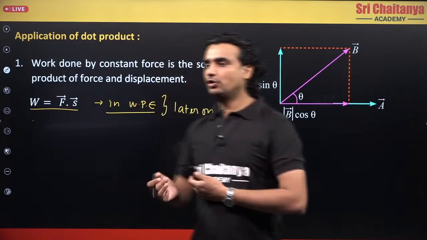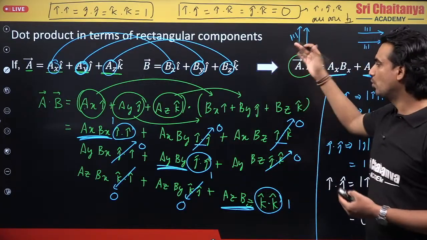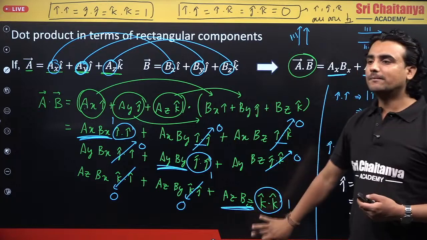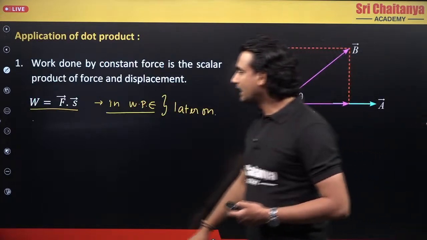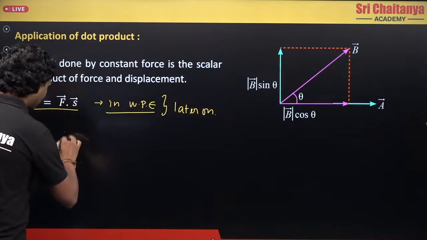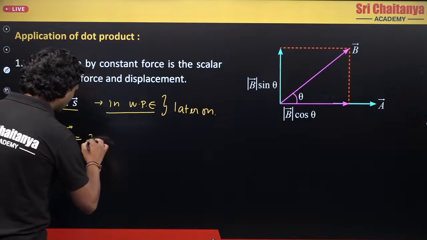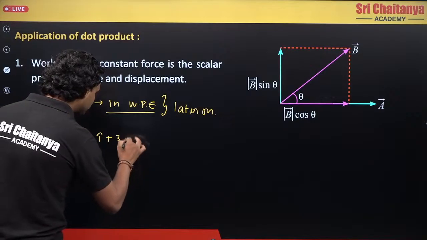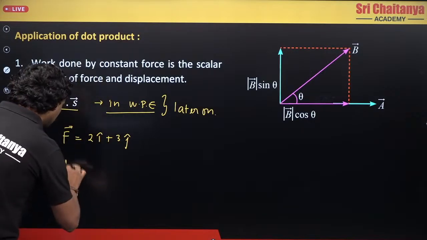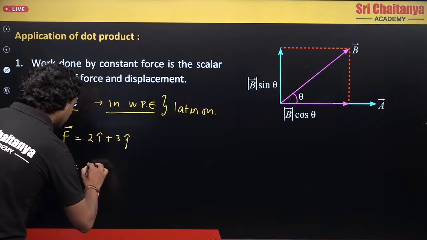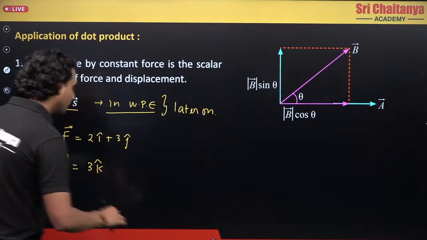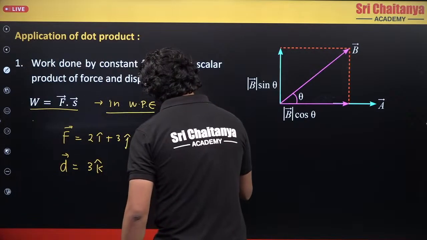You may ask why I have to do all this. Later on, I will tell you simply that force is equal to 2i cap plus 3j cap, and displacement d is equal to, let's say, 3k cap, and find the work done.